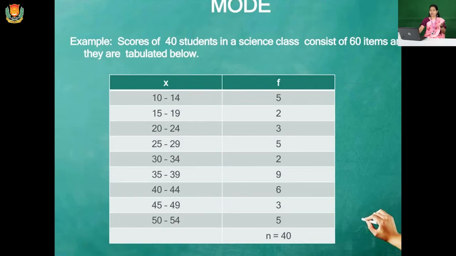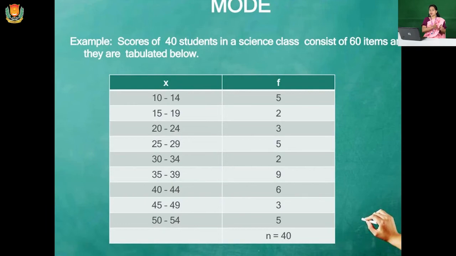Again, I have taken an example where I have the scores of 40 students, which consists of 60 items basically. The classes are 10 to 14, 15 to 19, and so on. This is continuous data, but it is not continuous in the sense that the classes do not end at each other.